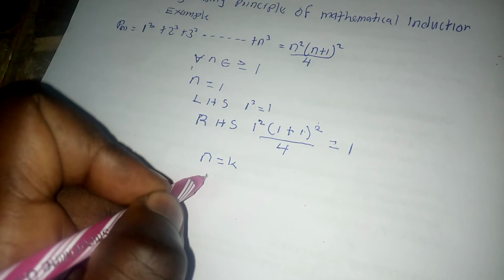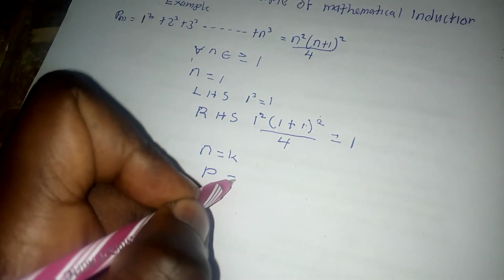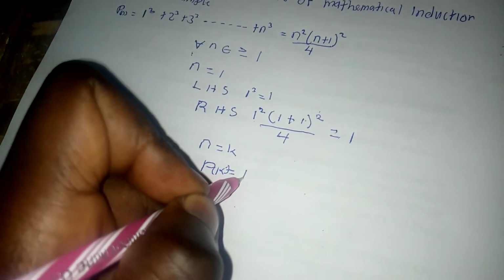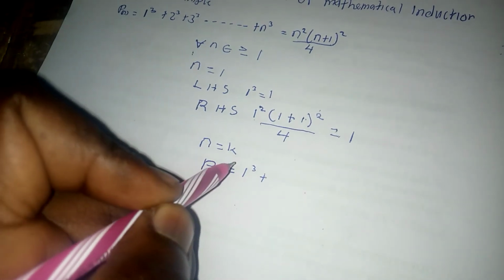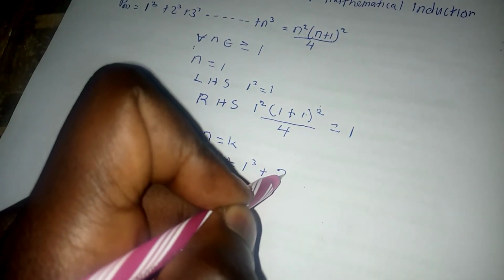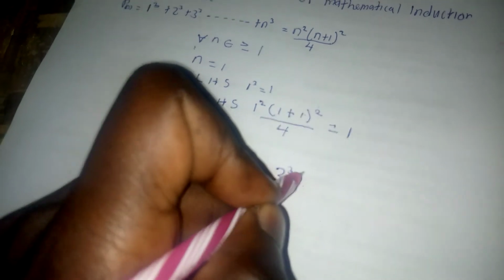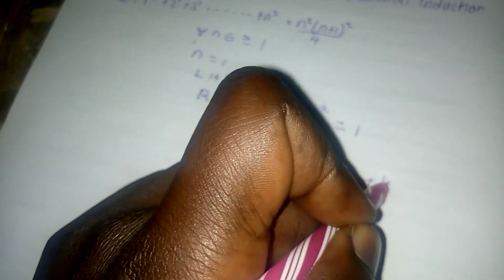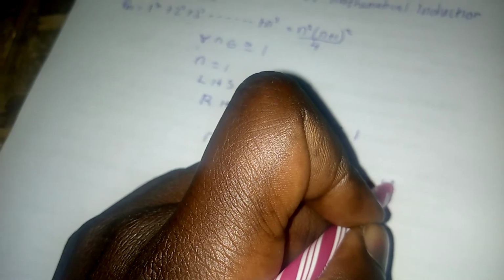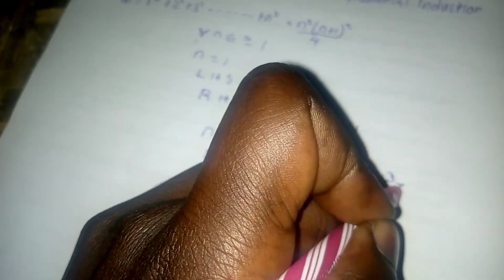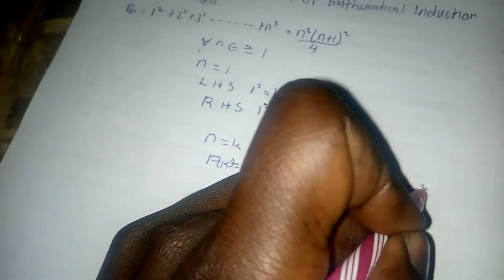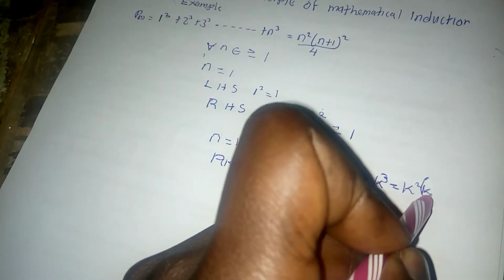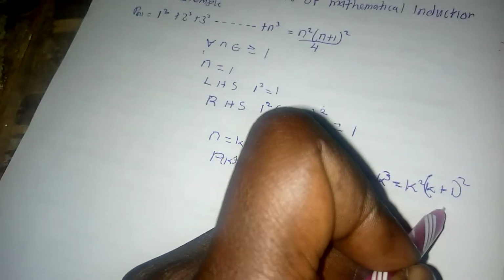Therefore, P of k will be equal to 1 cubed plus 2 cubed plus 3 cubed up to plus k cubed will give us k squared into (k plus 1) squared over 4.